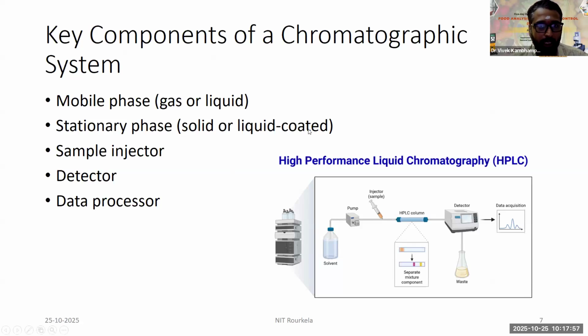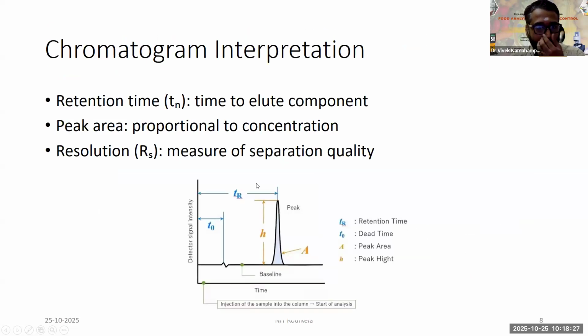The solid or liquid coated stationary phase is where your target component will be adsorbed and then identified by the detector. Then you have a sample injector. You have to inject the sample, then it will travel a long way inside the column before it hits the detector. Then data processing using the computer software.